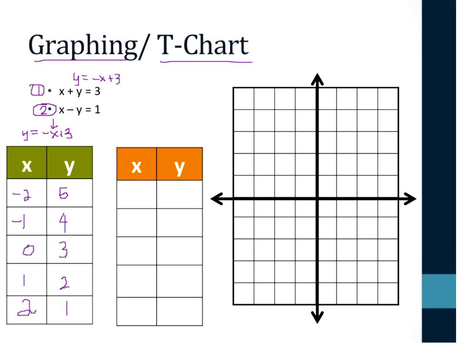Okay, so there's a t-chart for the first equation. And while we're at it, we might as well graph that. So I have 0, 3 as a point, 1, 2 as a point, 2, 1 as a point, and I can go ahead and connect those lines.